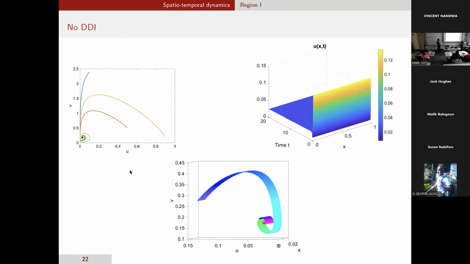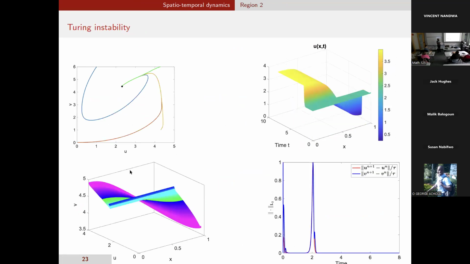That's the first type of steady state. In the second type, which admits the Turing-driven instability, we can start from a uniform steady state, but in the process of diffusion we destabilize this and end up getting these spatial patterns. Here we are having an L2 norm.